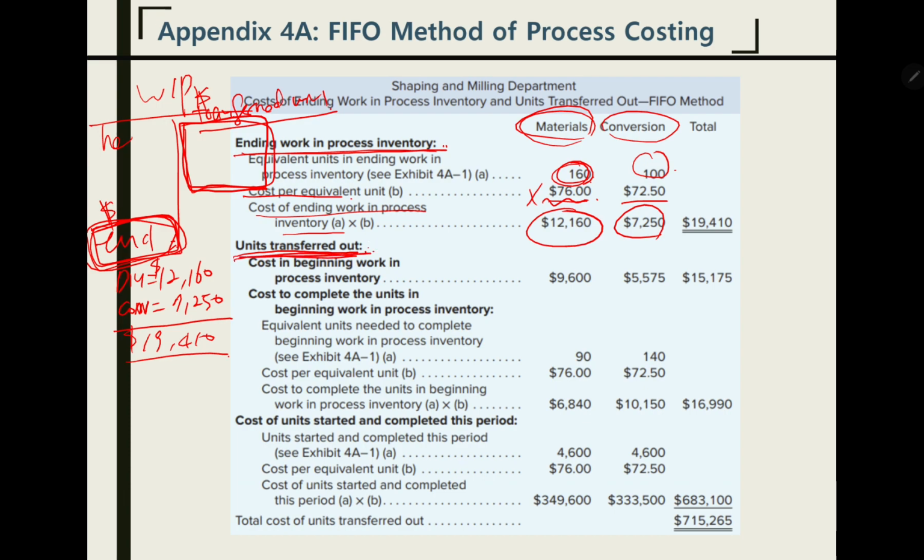Okay. How about the units transferred? Units transferred out consist of the cost to complete the units in beginning work in process inventory, right? Beginning inventory.